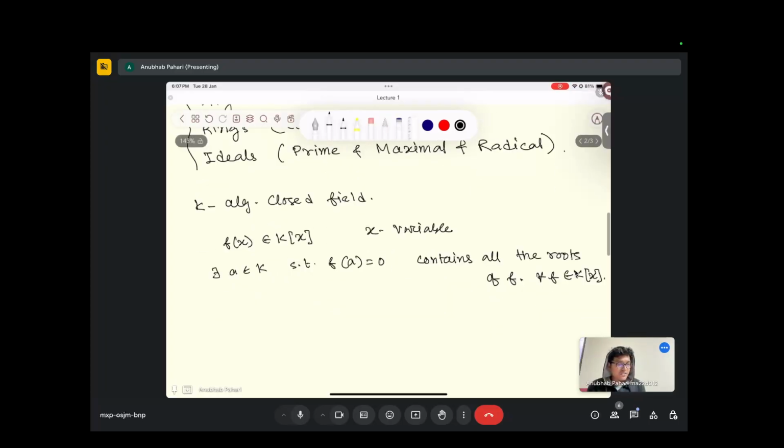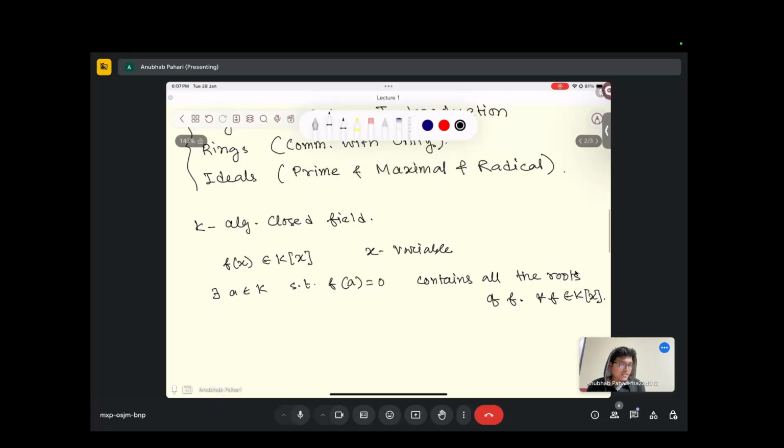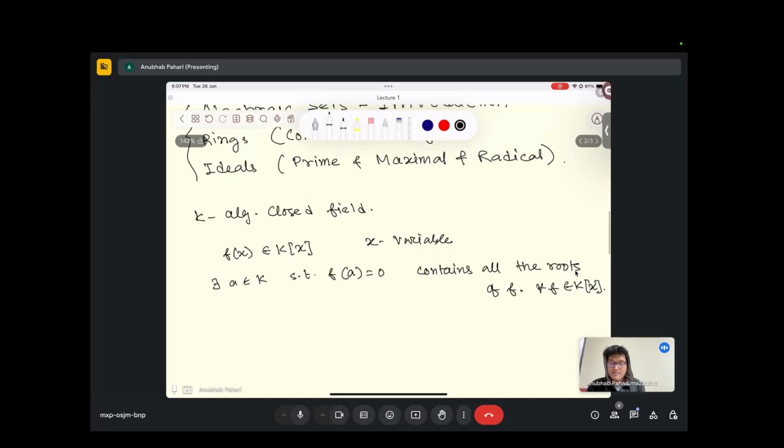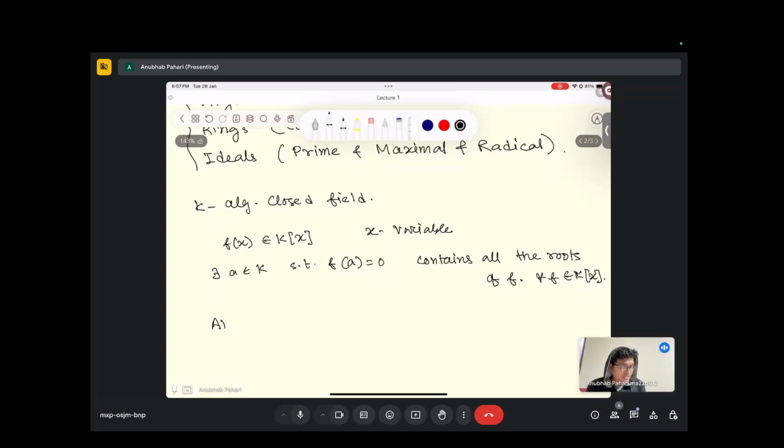In general, you can define an algebraic set without an algebraically closed field. Only a field is enough. But let's not get into that trouble and simplify as much as possible.